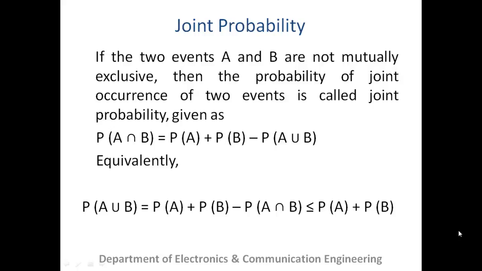We can see that the two events are not mutually exclusive because they can occur simultaneously. We can have an event occurring as 2 and simultaneously it will be the other event also, which is the occurrence of an even number.